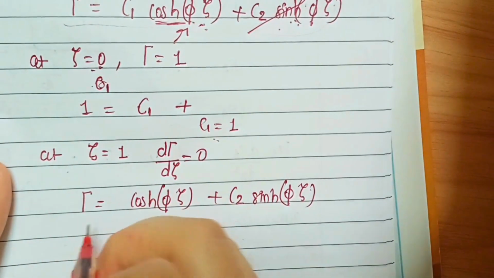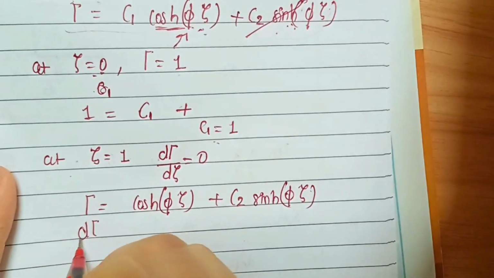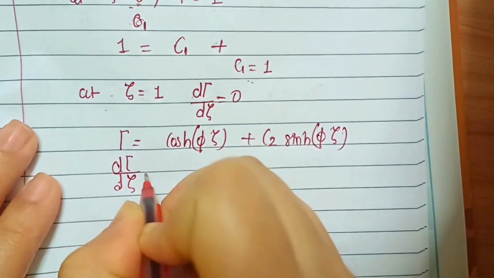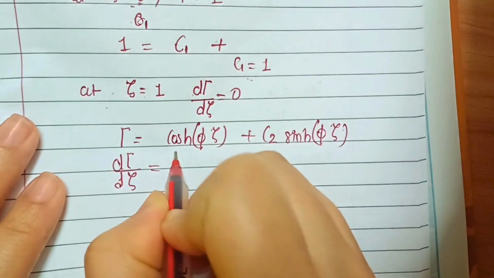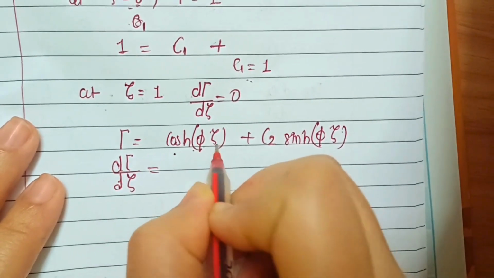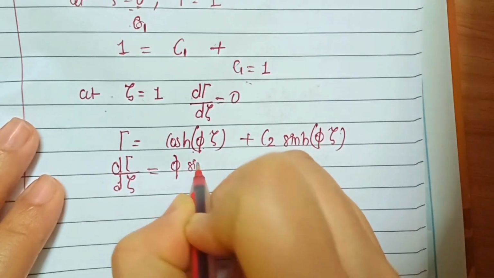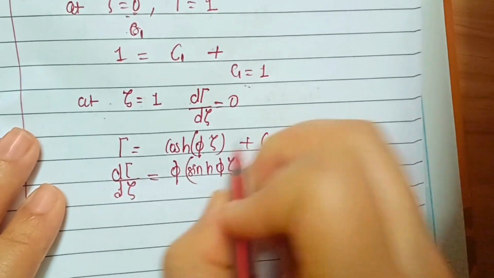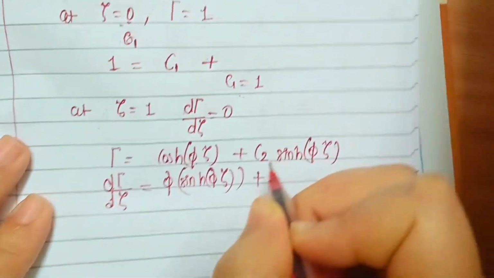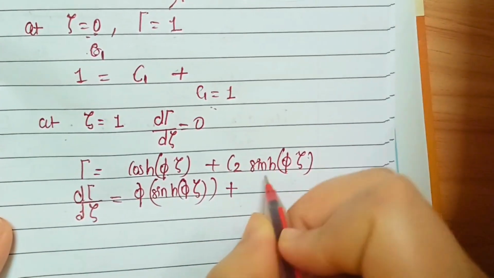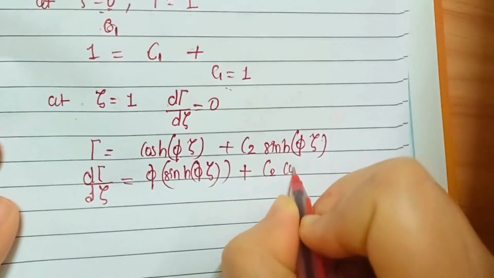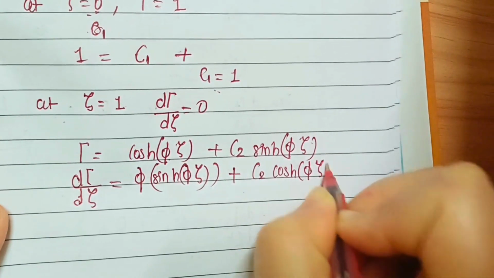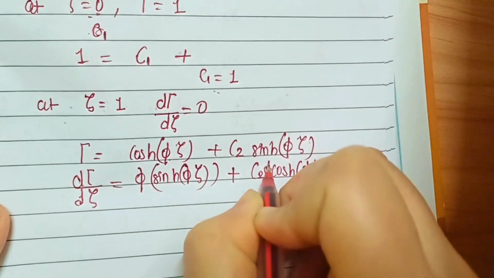So we need to take the derivative. d gamma upon d zeta equals the derivative of cosh(phi zeta), which is phi into sinh(phi zeta), and the derivative of sinh(phi zeta) is cosh(phi zeta), and before that phi will be there.